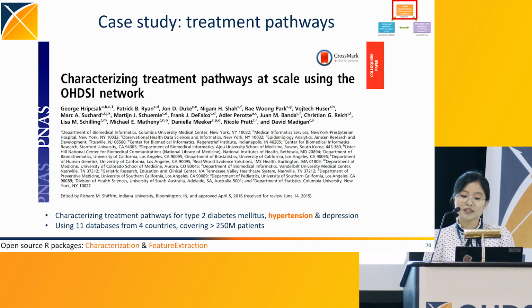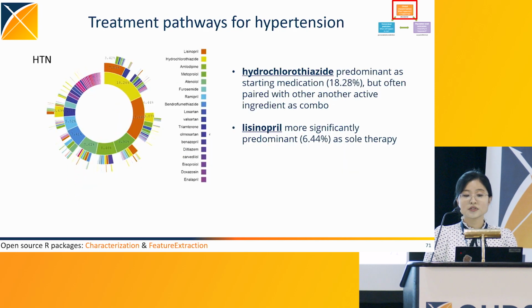They used 11 databases spanning 4 countries, covering more than 250 million patients to understand their treatment pathways for those 3 diseases. So specifically, this is a screenshot from one of their figures. This is what they got in terms of drug utilization, the proportions of patients who initiated on different kinds of medication options for treating hypertension.